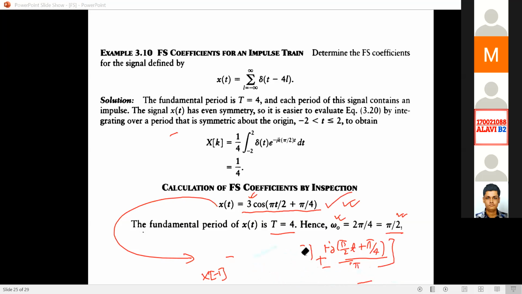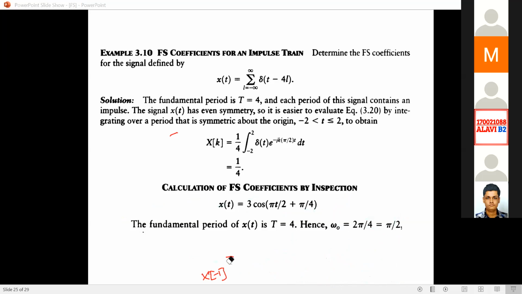If they are not conjugate, then the cosine term cannot be generated. Okay. So in this way, you can find the Fourier constant by inspection.